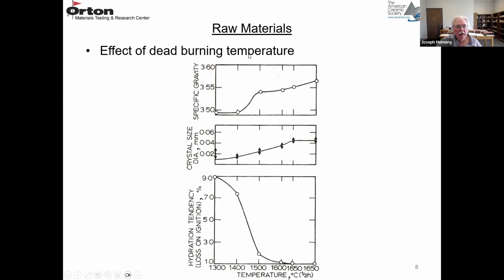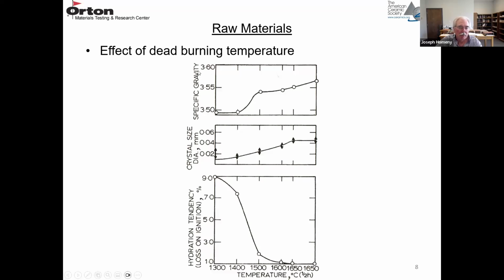So this is the effect of dead burning. Here's specific gravity, this is crystal size, and this is hydration tendency as a function of temperature. It goes from about 1300 to 1650 degrees C. This is temperature in degrees C, for 1/2 hour. Each one of these points was the MgO powder held for 1/2 hour.